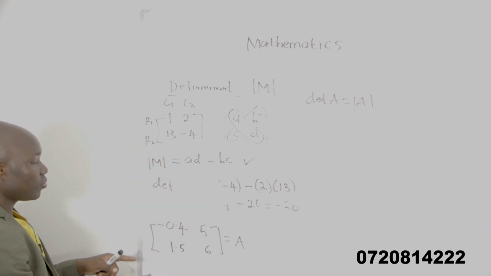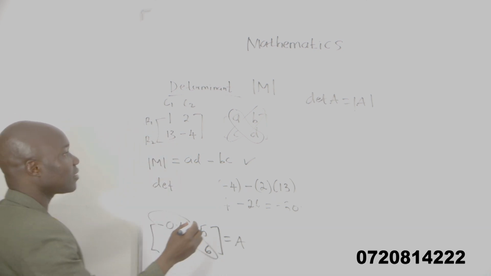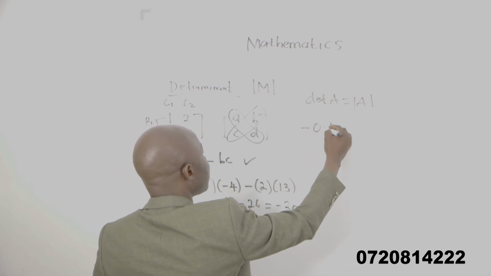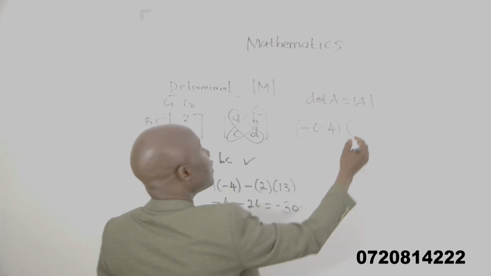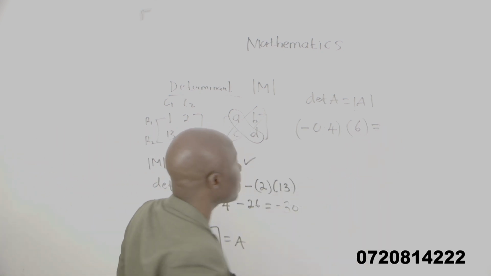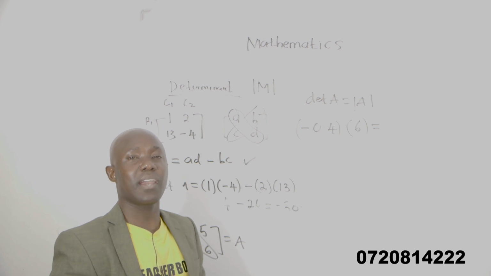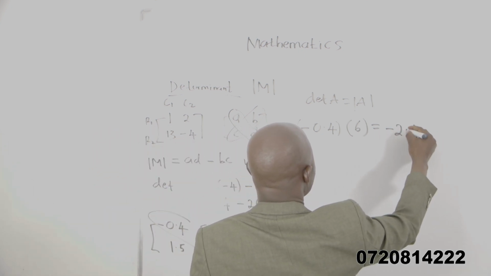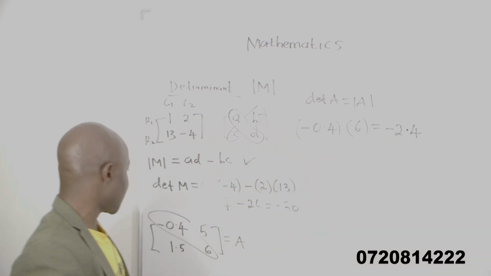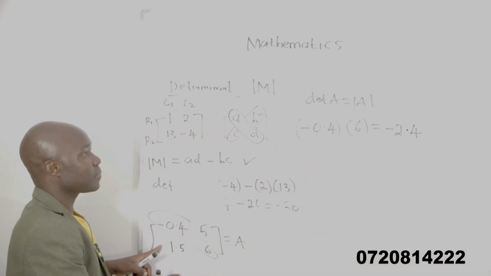So what are we supposed to do? You take the leading diagonal's product, which is negative 0.4 multiplied by 6. 0.4 times 6 is 2.4. So we get negative 2.4. That is the product that we are getting from this end.